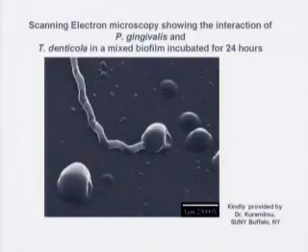This is just a very nice picture courtesy of Dr. Kuramitsu, who looked at the relationship between P. gingivalis and T. denticola. In this particular slide, we see the spirochete T. denticola, and here is P. gingivalis. So these are two of our red complex species, and this shows the actual physical relationship among these two particular species.